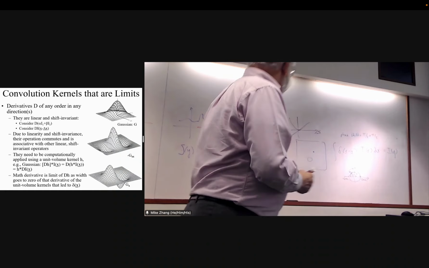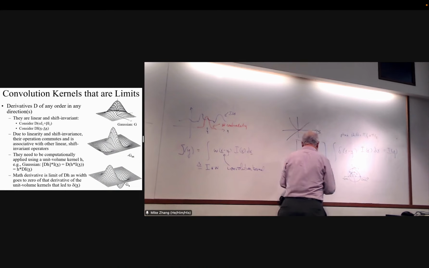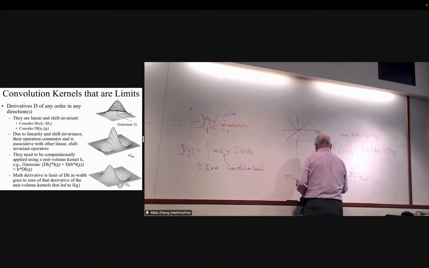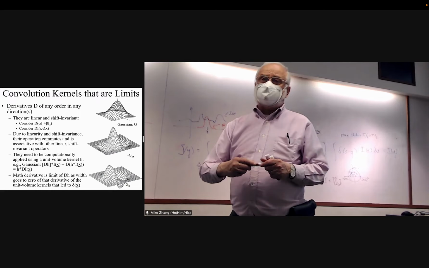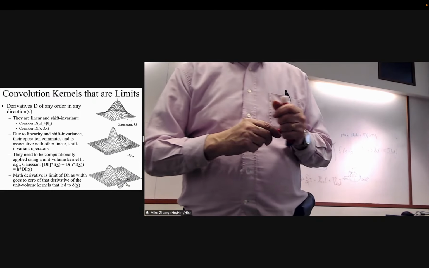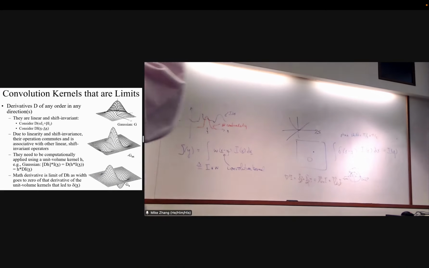And by the way, this guy turns out to be the sum of the second derivatives twice in any u direction together with the second derivatives twice in the direction perpendicular to u.